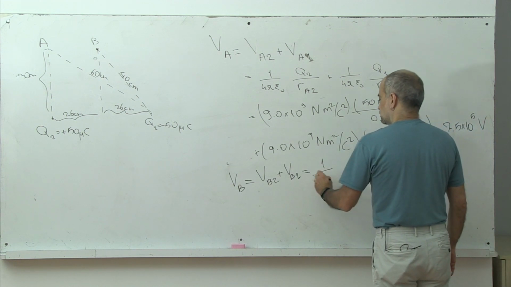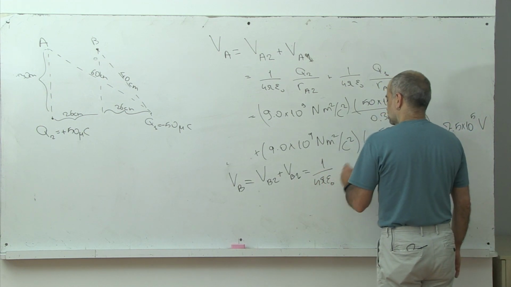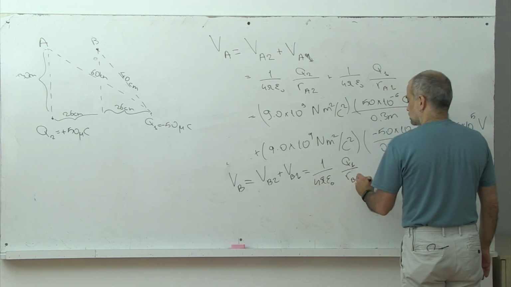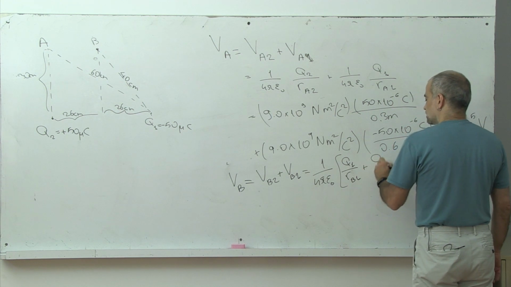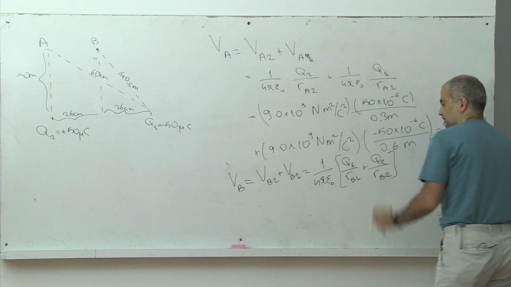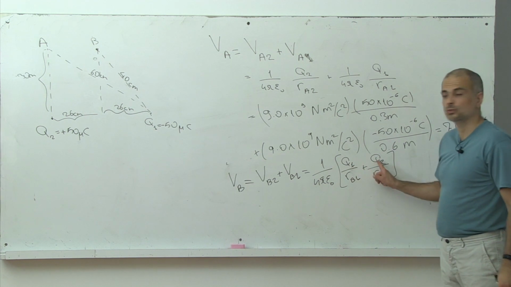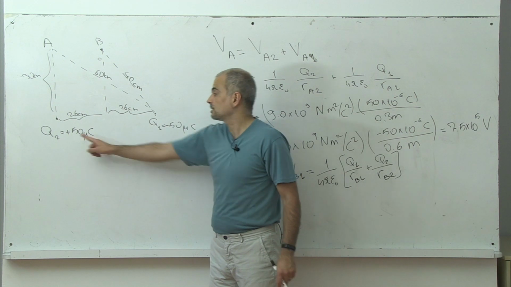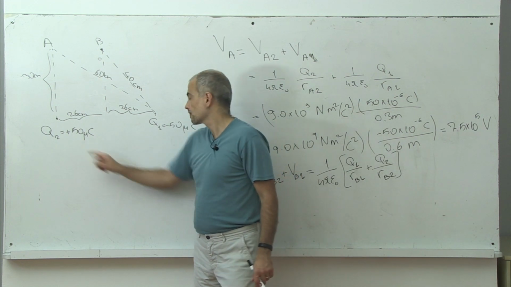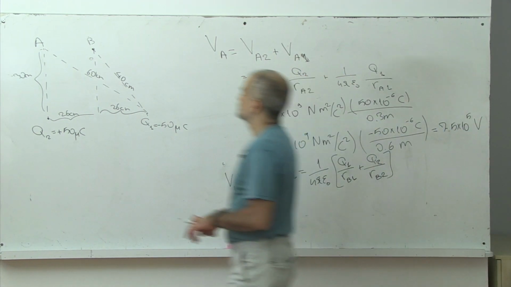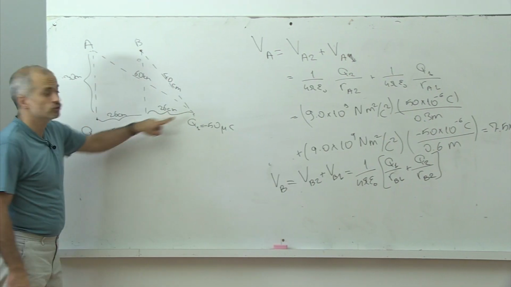This is 1 over 4 pi epsilon 0 times Q1 over RB1 plus Q2 over RB2. But note that Q1 and Q2 have the same magnitudes, but they differ in sign. RB1 and RB2 are the distances of the point B from these two charges.